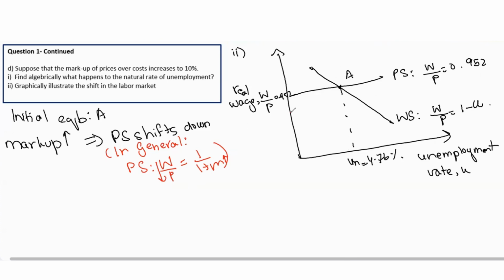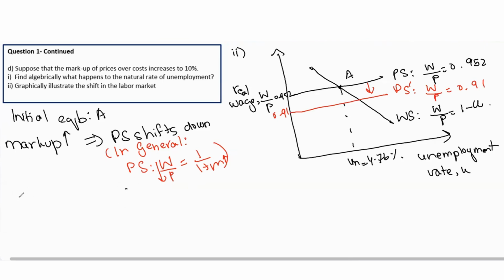So the new price setting curve, PS prime, that we found in part 1, is W by P equal to 0.91. Initially it was horizontal at 0.952, now it's horizontal at 0.91.